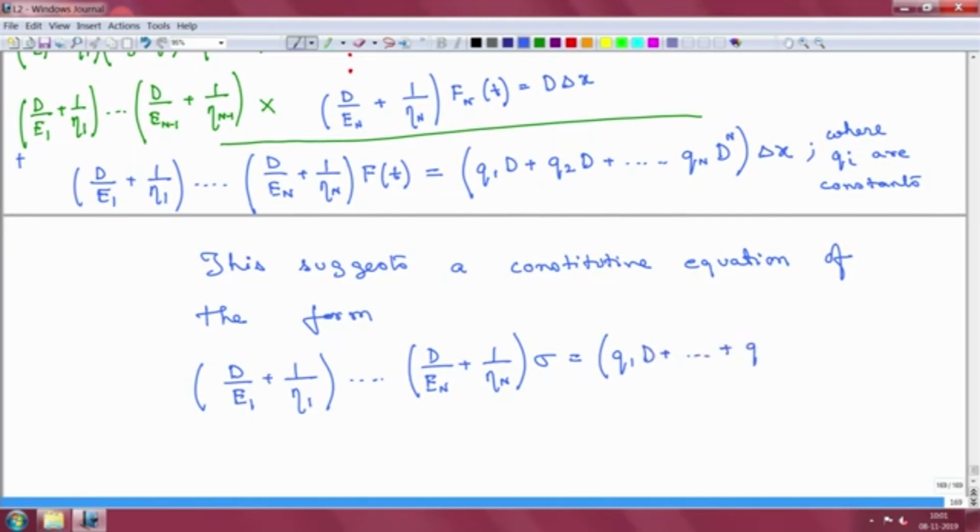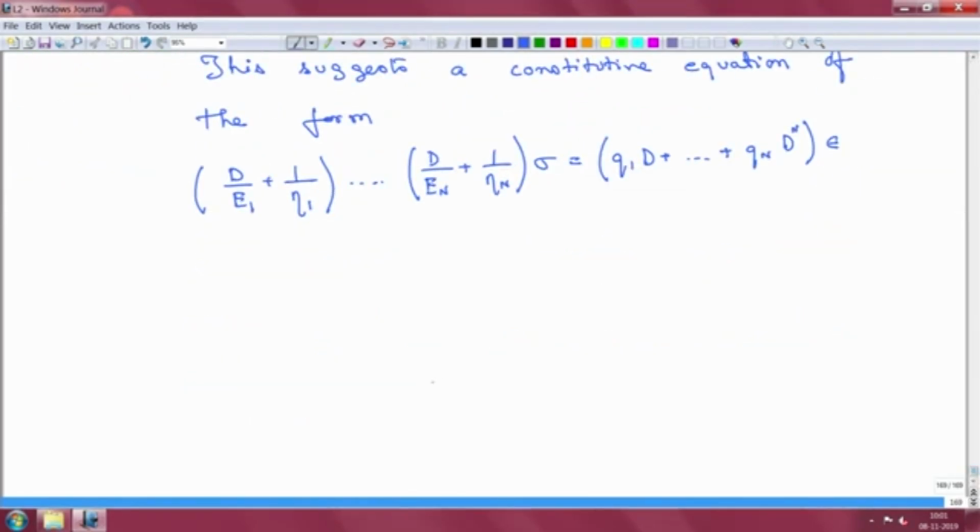There are again n terms here, sorry, this delta x will now be replaced with epsilon. Okay.